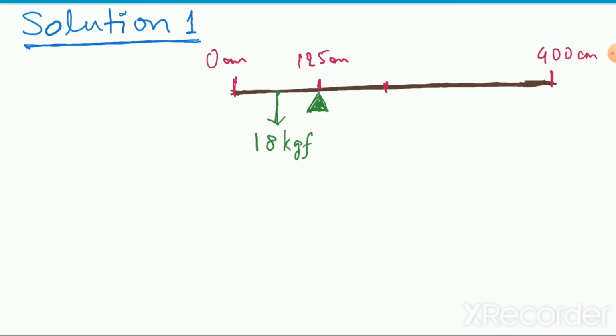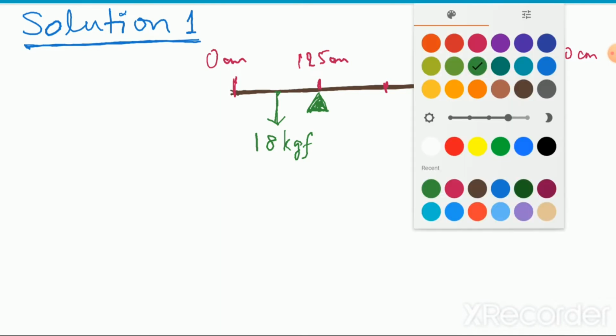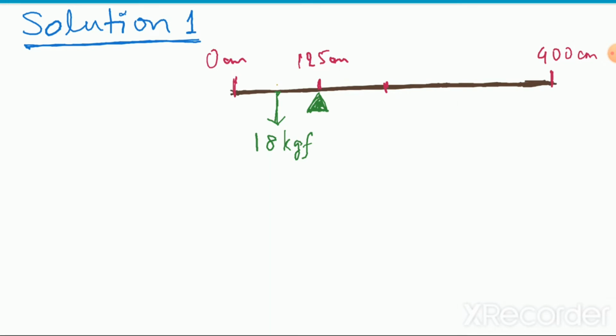This point is not actually 60 centimeter from the end. It is said that this point is at a distance of 60 centimeter from the support point. So this gap is 60 centimeter.